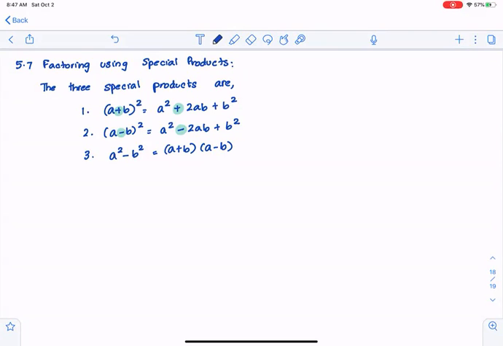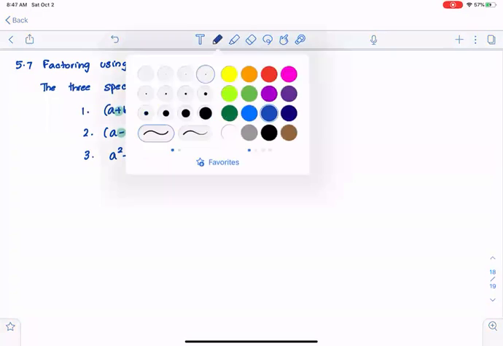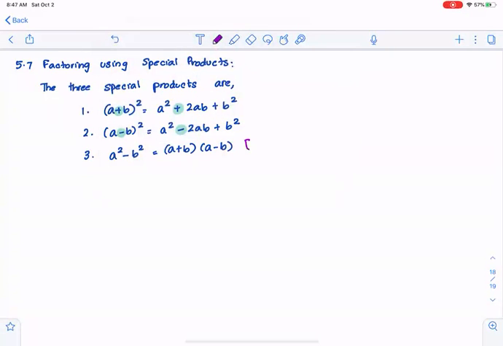So note, a squared minus b squared is a binomial. It has only 2 terms.